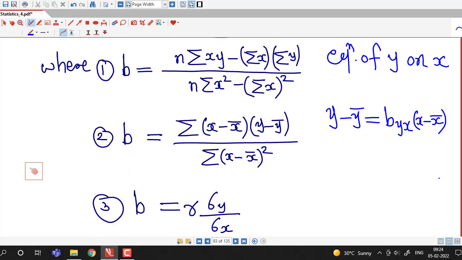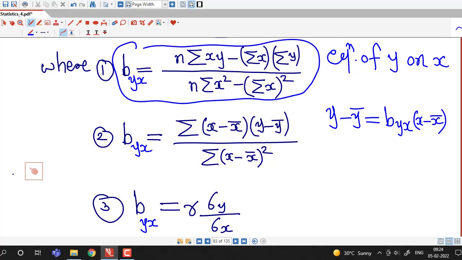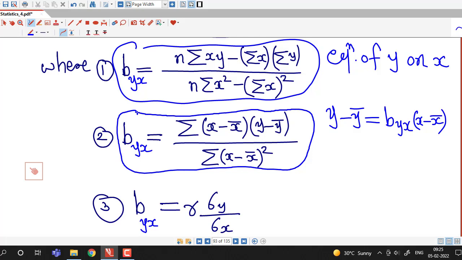And we have seen different ways of obtaining this regression coefficient. This we obtain using the method of least squares. Here we have used the two normal equations, and this is the relationship between the regression coefficient and the correlation coefficient.